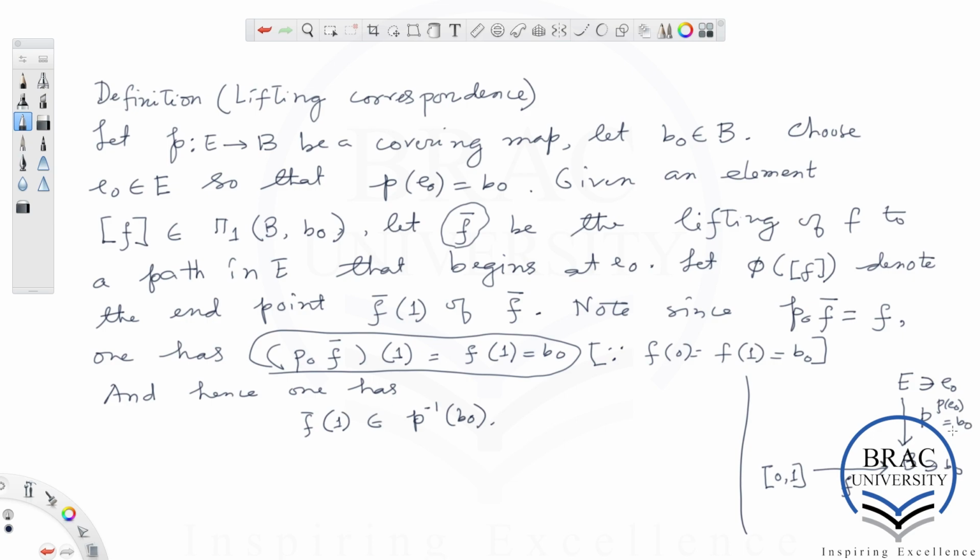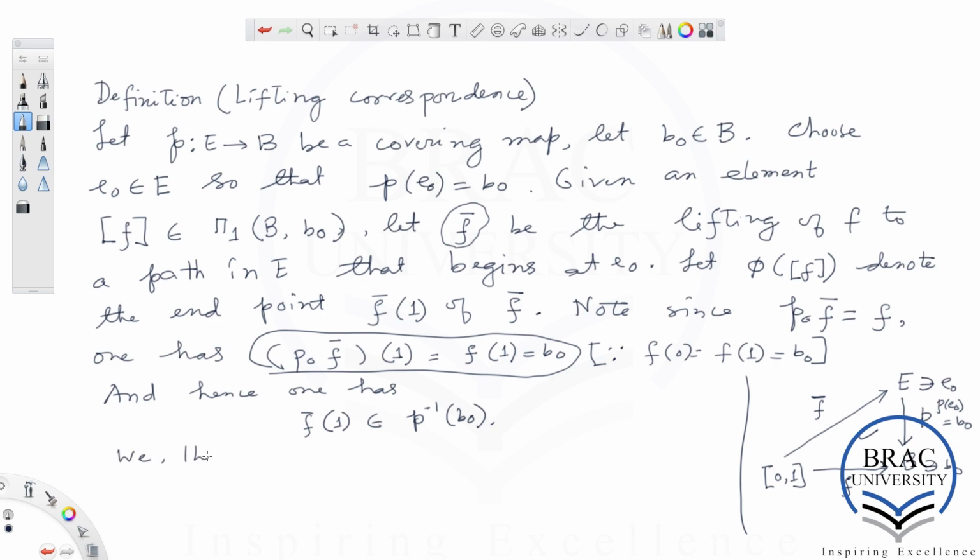And we know that there exists a unique lift of F in the covering space E such that the path F bar has the initial point to be E0. This is the commutative diagram.